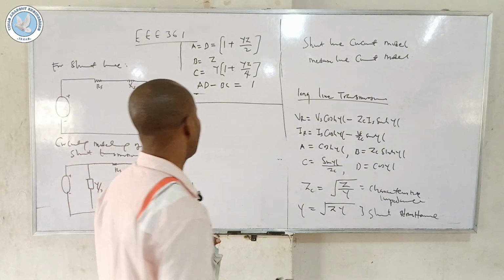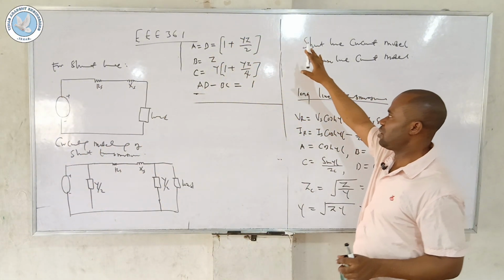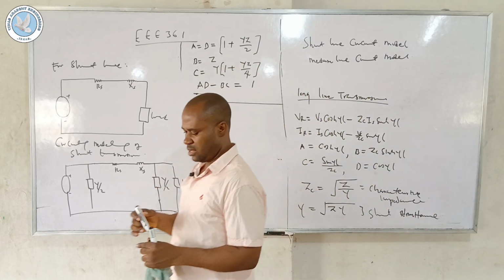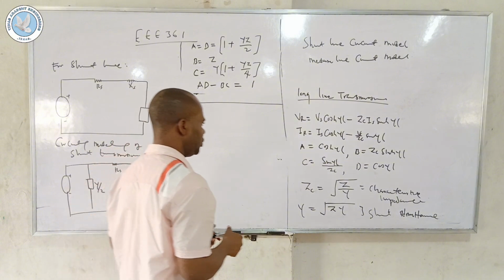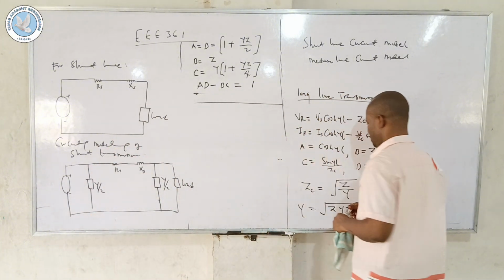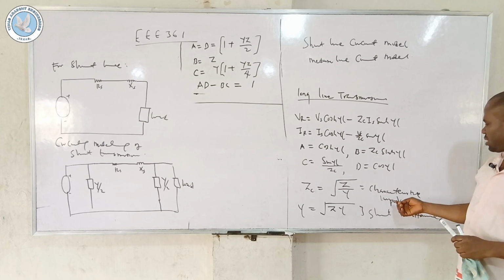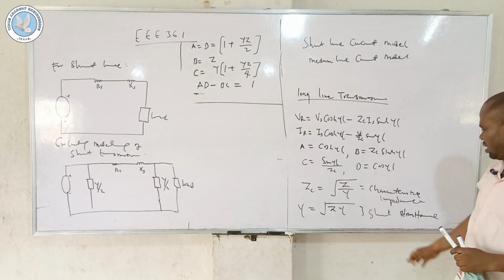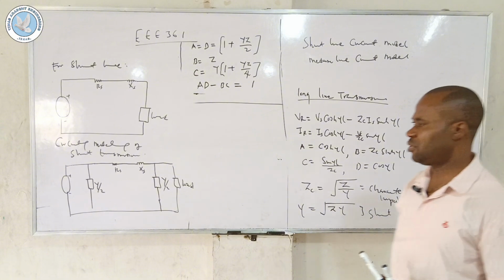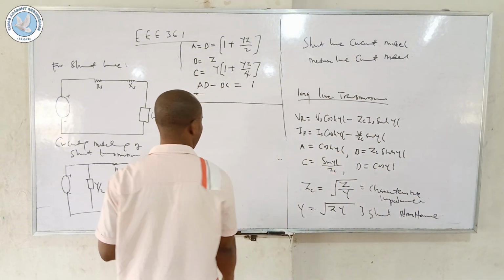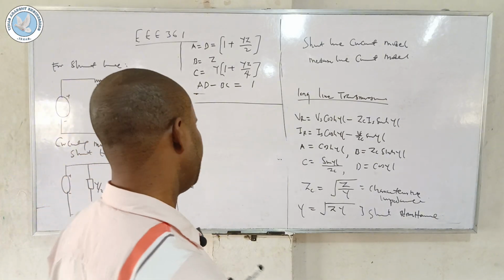And also note that the shunt characteristic impedance and also the shunt admittance is very, very important in the power transfer and transmission line design. So all this is very, very important, and I would like you to actually go home and study it more.